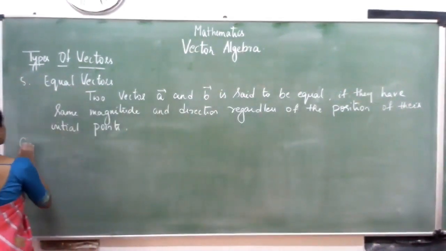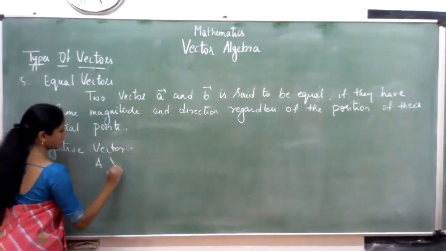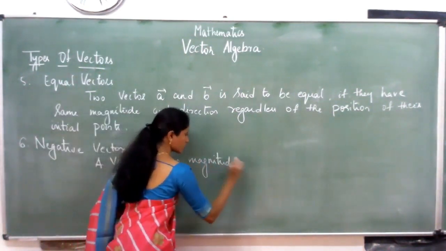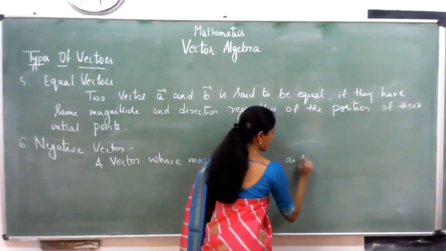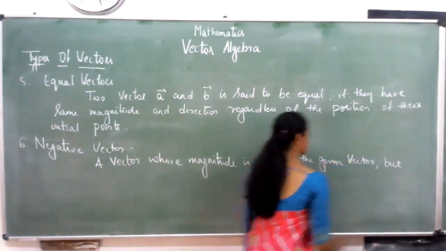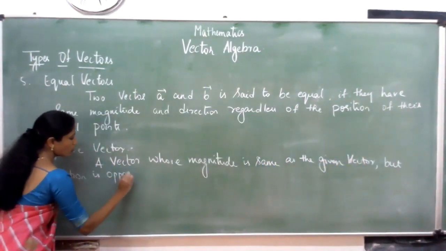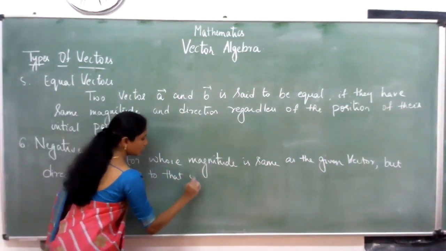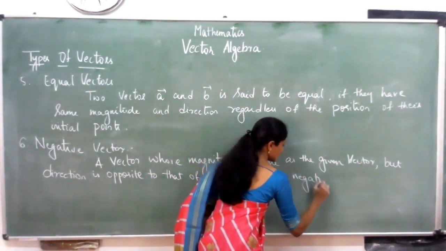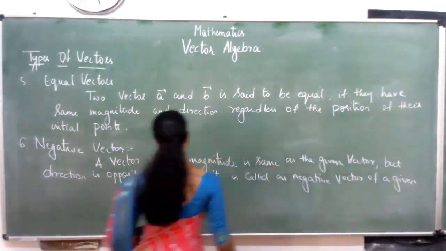Next vector is negative vector. It is defined as a vector whose magnitude is the same as the given vector, but whose direction is opposite to it, is called the negative vector of a given vector.